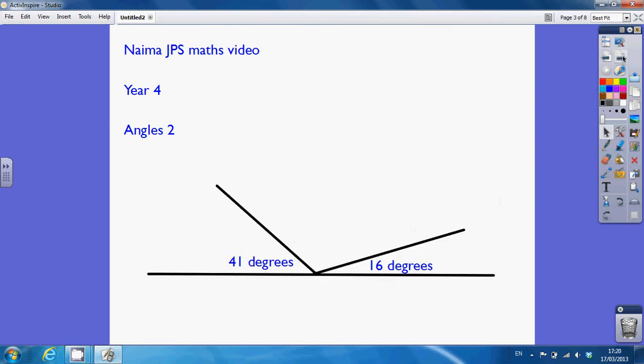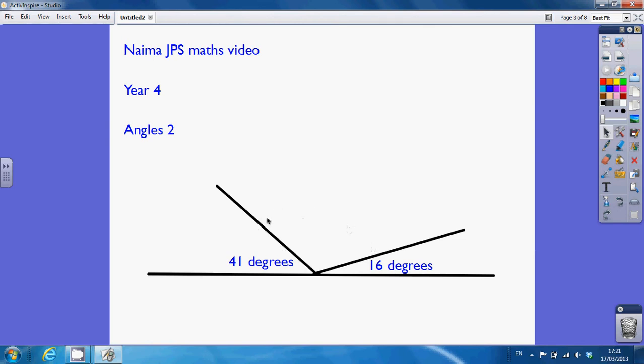Okay, on to the next one, slightly harder. Okay, how do you think we could work out this one? Okay, hopefully you have said that because we know again that along a straight line there's 180 degrees, if we add this angle, 16 degrees, to this angle, 41 degrees, so we get 57 degrees, then we just take away 57 from 180 and it will give us this angle.